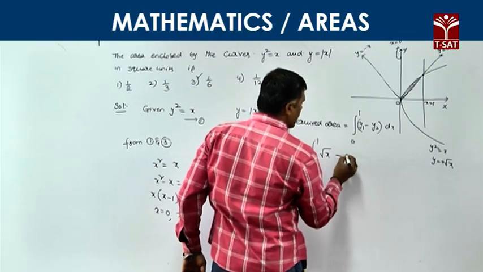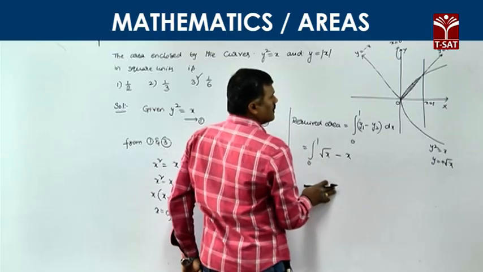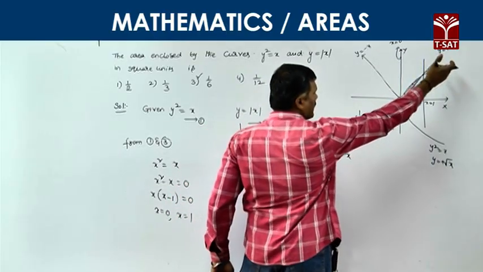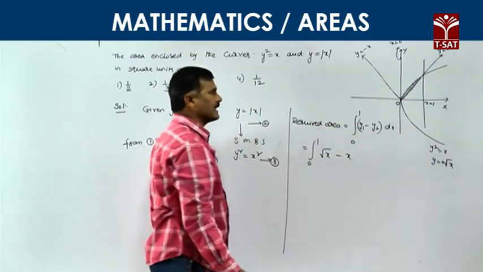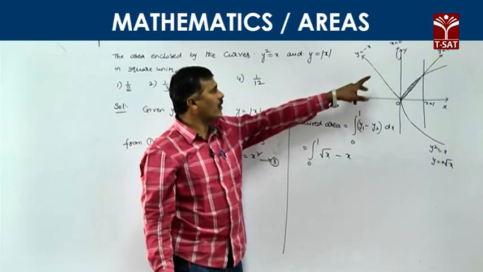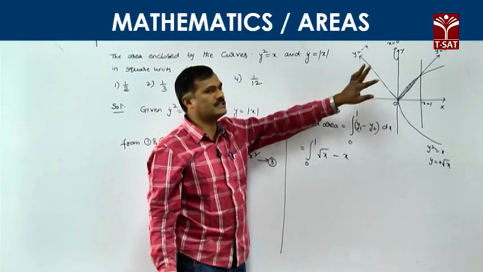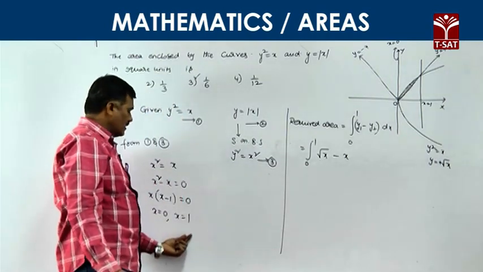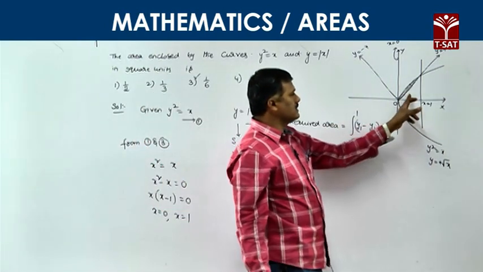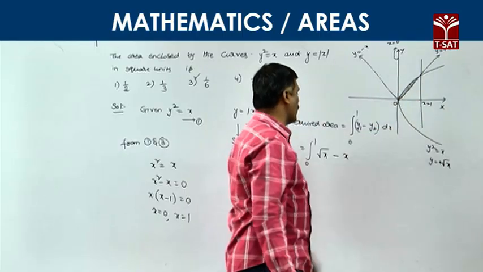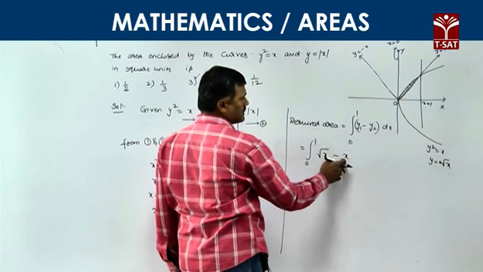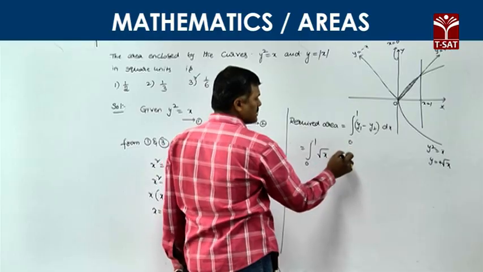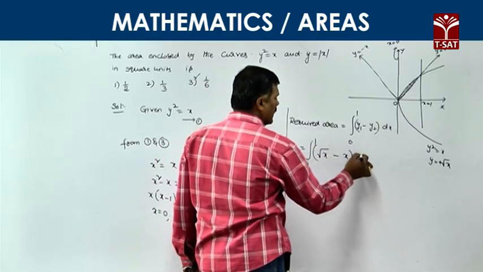Mod x is equal to plus x for x greater than or equal to 0, and mod x is equal to minus x for x less than 0. But our obtained limits are 0 to 1, a positive region, so we take y equal to mod x equal to plus x, into dx.